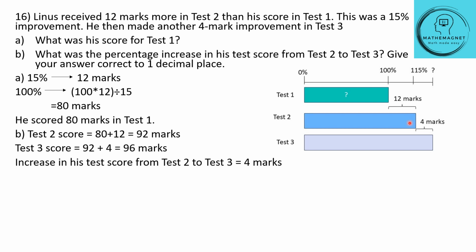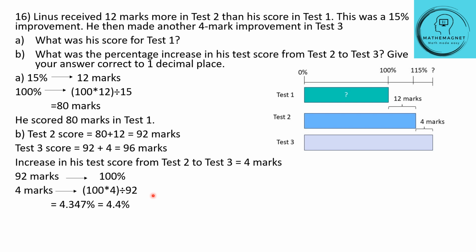Now the increase in his test score from test 2 to test 3 is 4 marks, correct? So 92 marks is 100%, that is your base value. The test 2 score becomes your base value when you are comparing test 2 and test 3. Now 4 marks will be equal to 100 into 4 divided by 92.